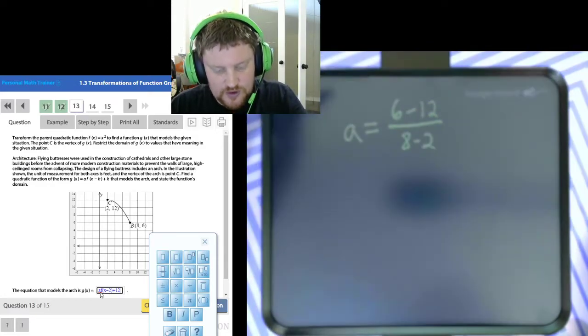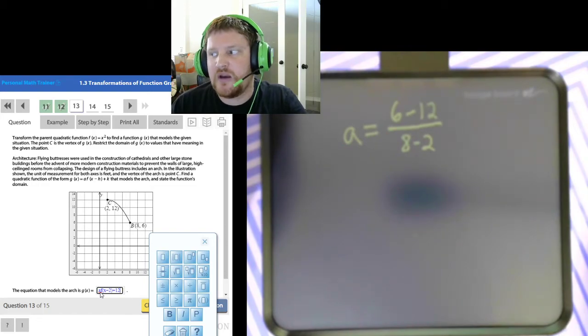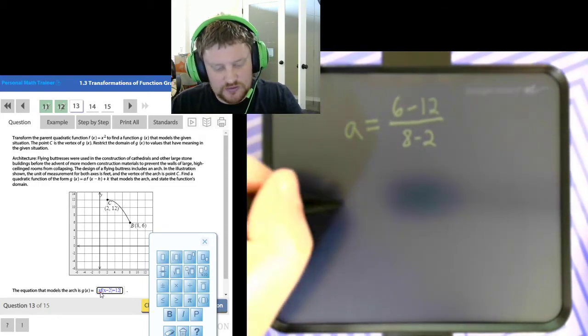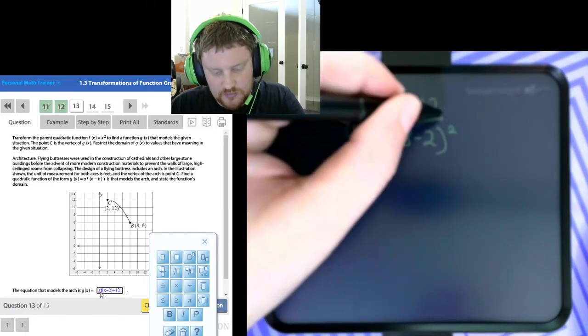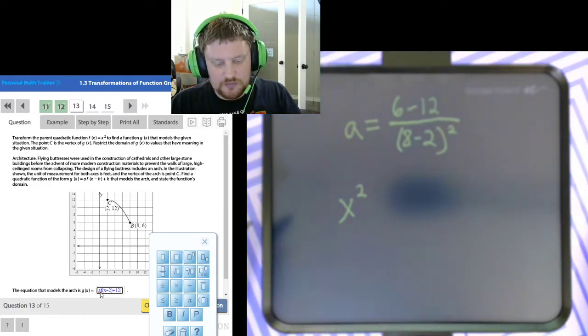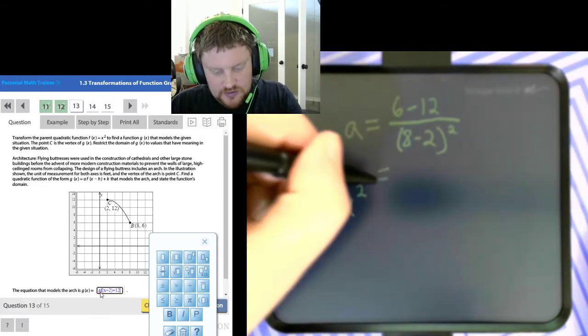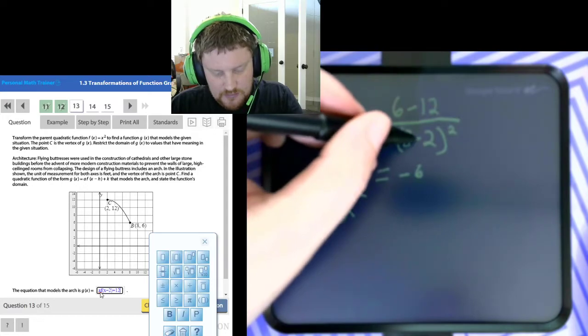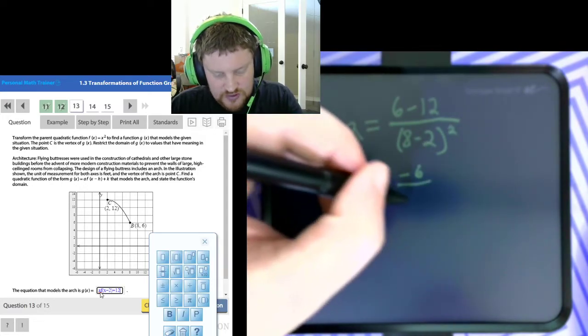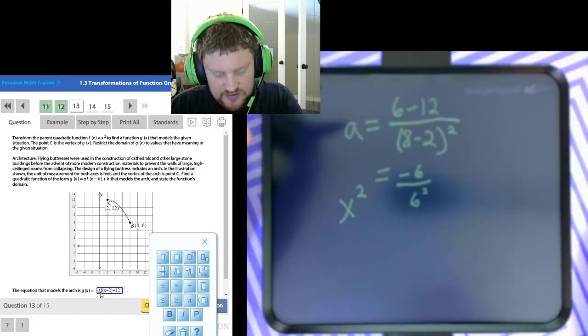minus 2. And then you're going to say, what is my parent function? Since it's x squared, you're going to square the bottom. This looks complicated, but watch what happens. 6 minus 12 is negative 6. 8 minus 2 is 6. We still got that squared.